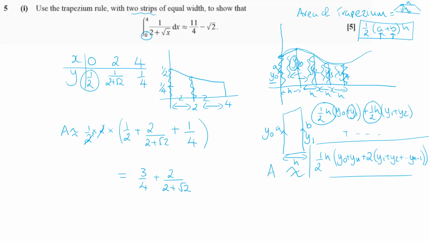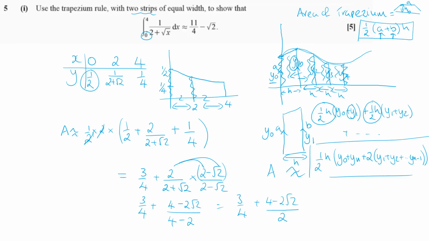Now if I rationalize the denominator on this second fraction and times it by 2 minus root 2 over 2 minus root 2, I'm going to have 3 quarters plus, multiplying that 2 in on the top, you're going to get 4 minus 2 root 2 all over 4 minus 2. So we've got 3 quarters plus 4 minus 2 root 2 all over 2.